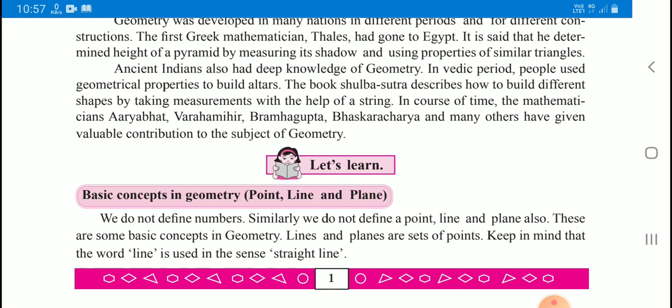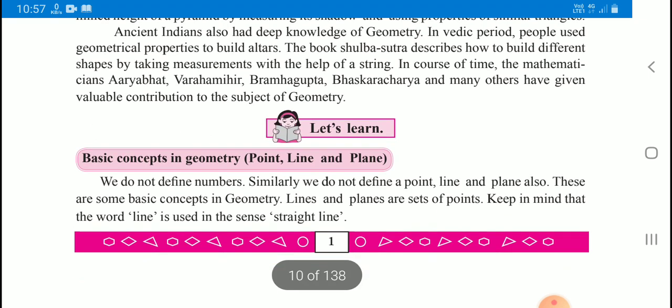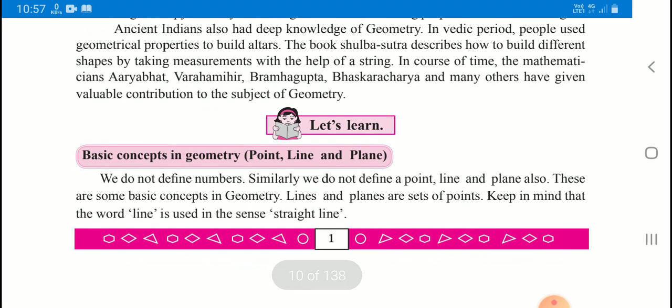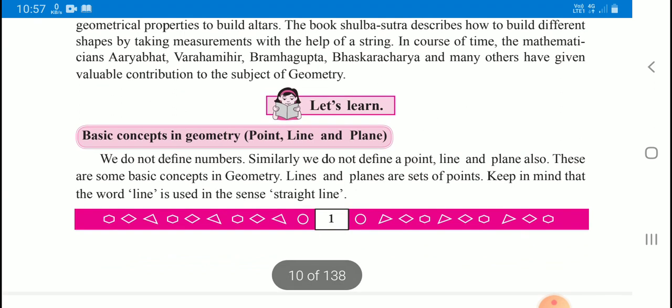If we take any 2 points distinct from each other and draw the line passing through these 2 points, then we extend them. It can extend infinitely. But if we put an arrow on both sides of this line segment, then that is known as a line. Next to that is plane.